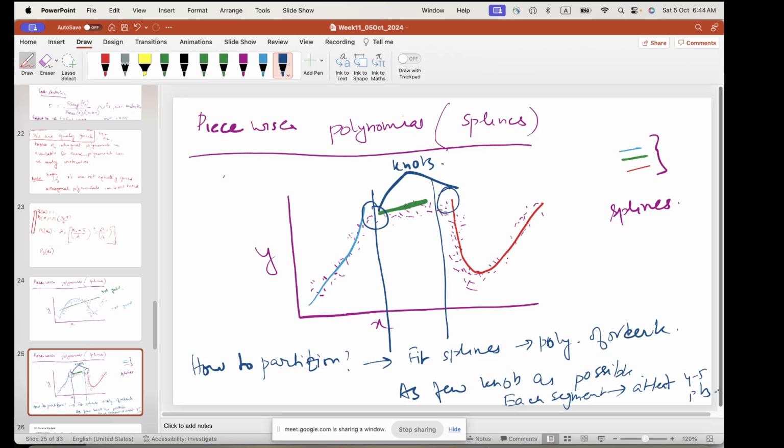If one section has 3 points and I am fitting a polynomial of order 2, that will be an exact match, and that is not at all generalizable. So at least 4 to 5 points should be there in each segment of the data.